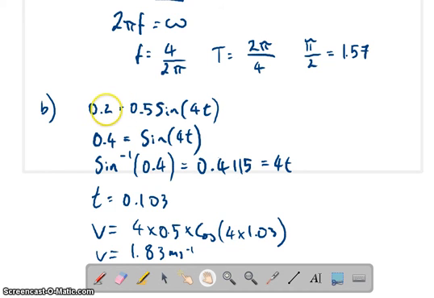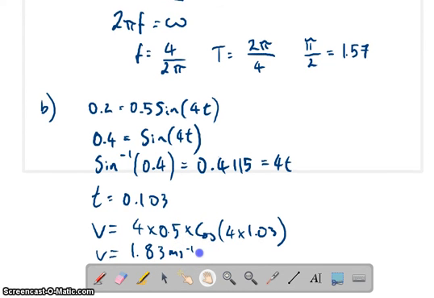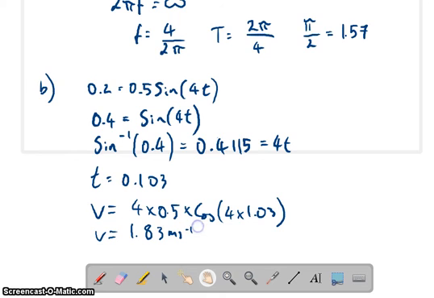Using that, the distance is 0.2, so we can calculate the time that it's at 0.2, and in doing that you find that the time is 0.103 seconds. That can be substituted into the equation for velocity to give you the velocity at that point.